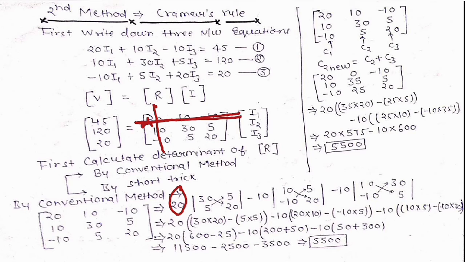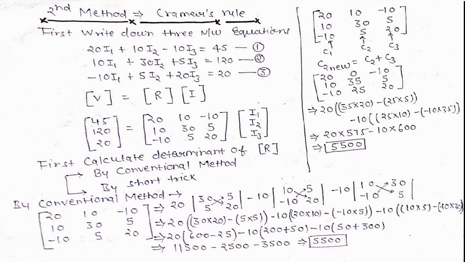Whatever is remaining, just make that determinant in the same series: 35, 30, 5, 5, 20. Write down whatever is remaining here in the same way.